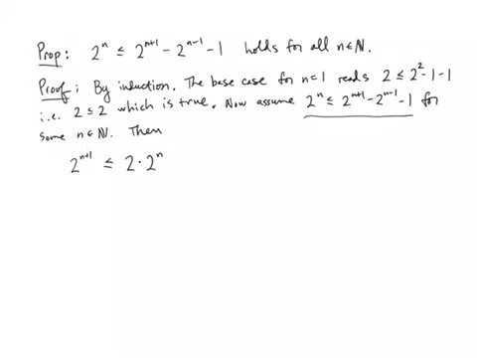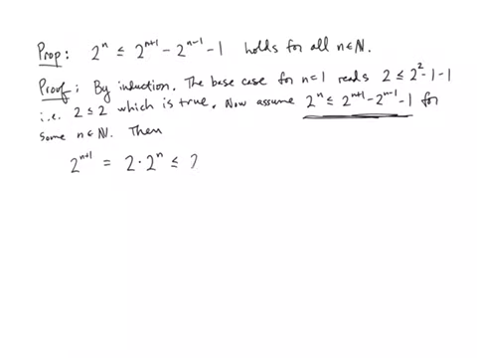Actually, that's technically true, but first of all, that's equal to that. And then we'll use this inequality here, the inductive hypothesis. Because 2 is positive, we can just multiply both sides of that inequality.